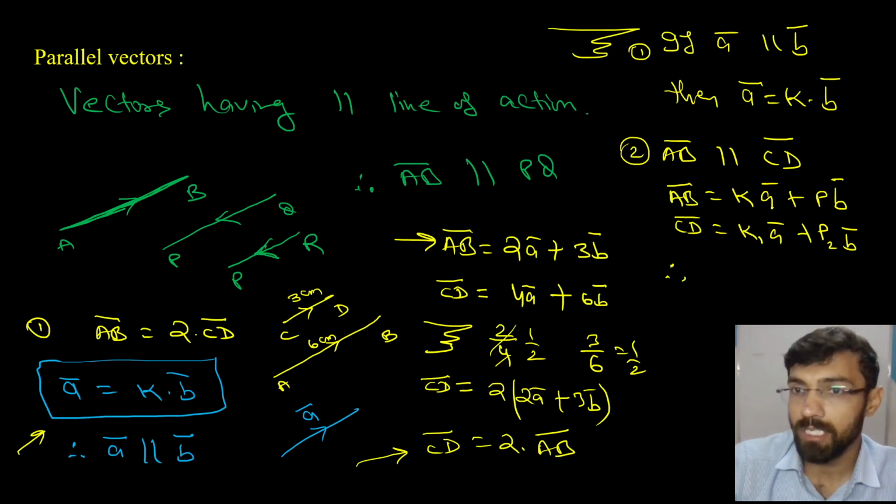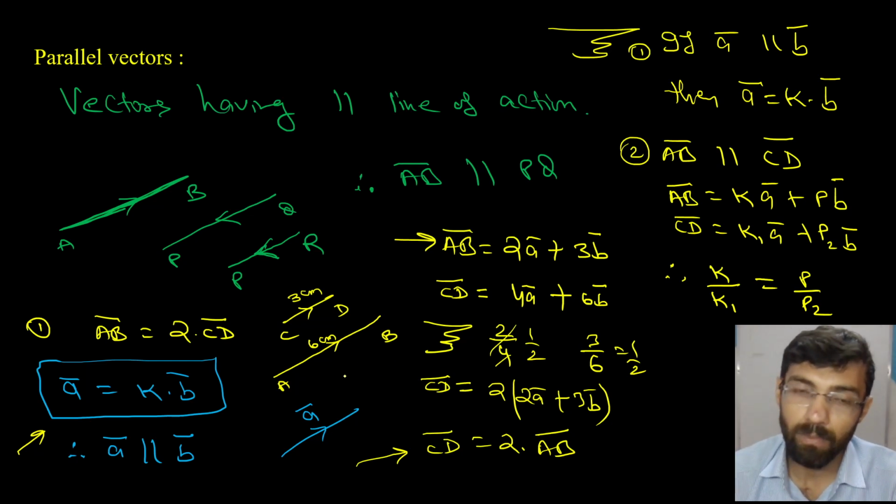The ratio of the coefficients of the A vector will be the same as the ratio of the coefficients of the B vector. That means K upon K1 will be equal to P upon P2.